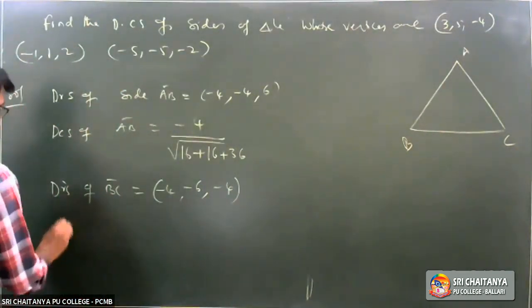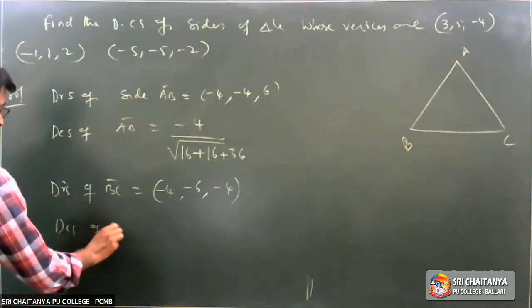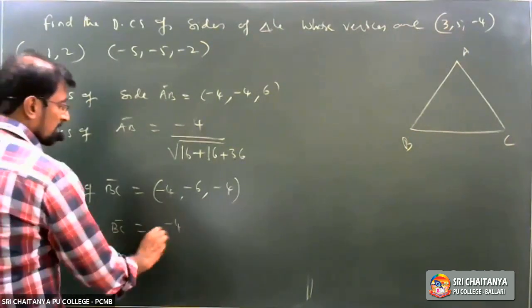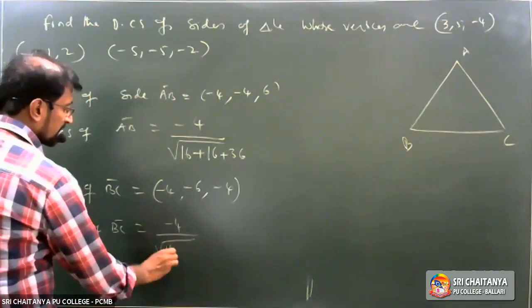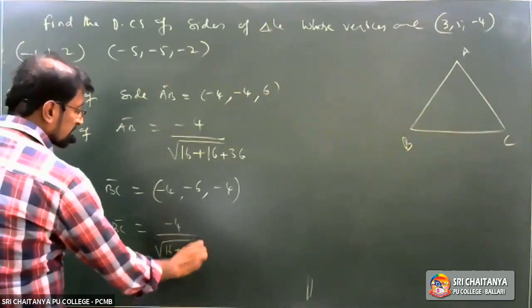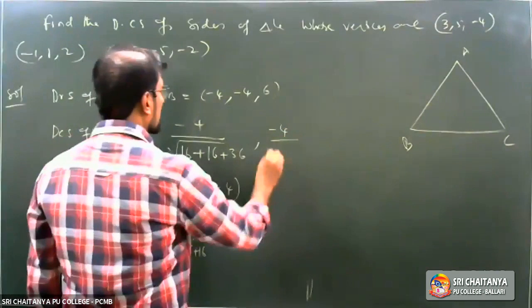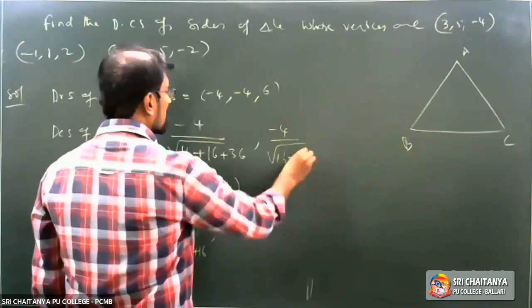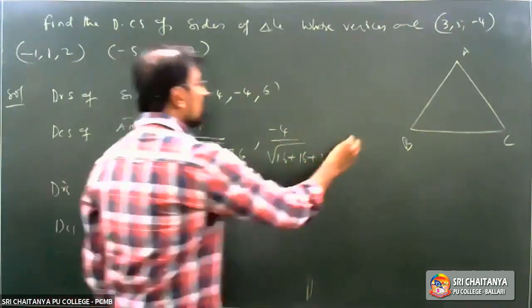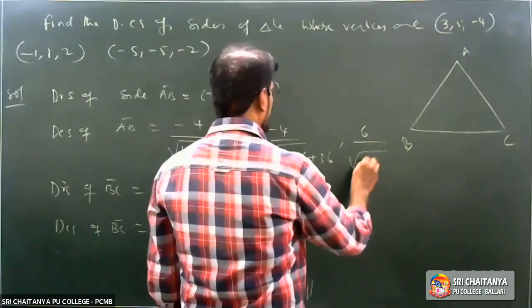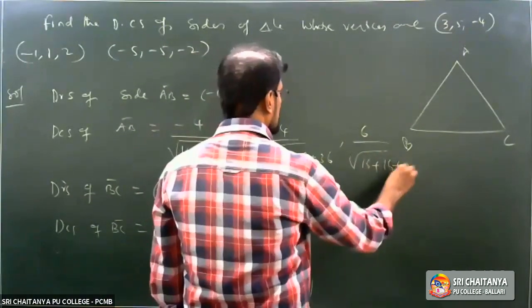Therefore, DCs of BC bar is equal to minus 4 upon root of 16 plus 36 plus 16, comma, minus 6 by root of a square plus b square plus c square.